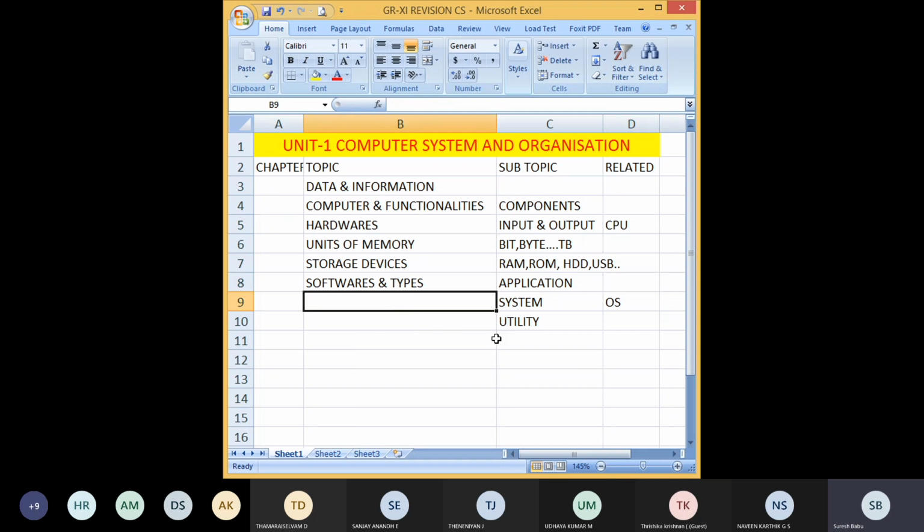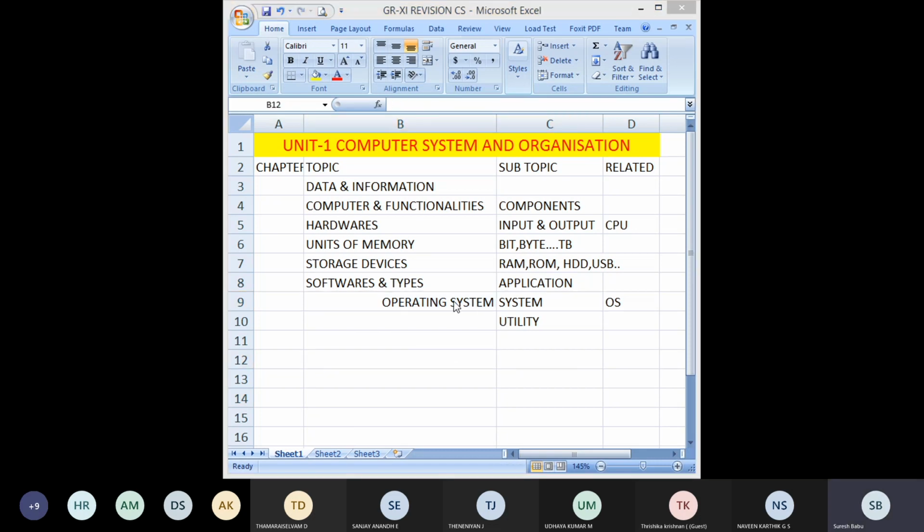For the operating system, you will learn a lot of things: what the functionalities of the operating system are, what the main things are, how it works, what it manages. Everything you should know about the operating system. That is called system software.